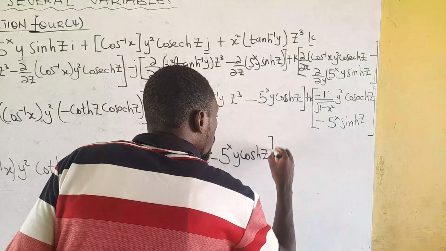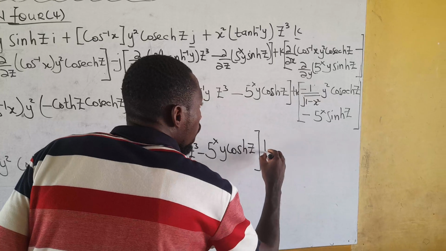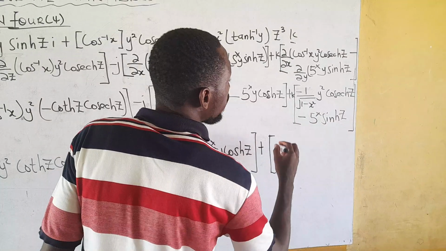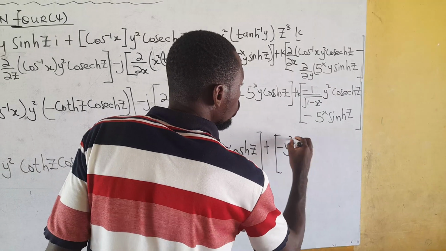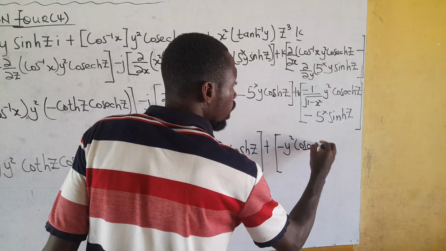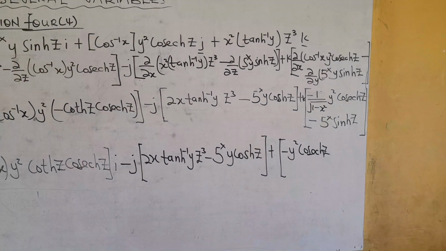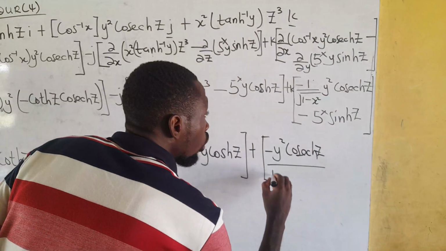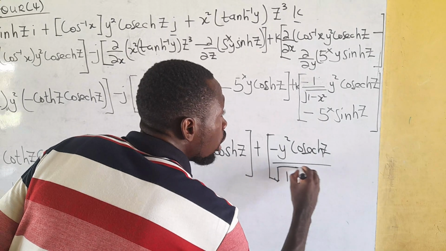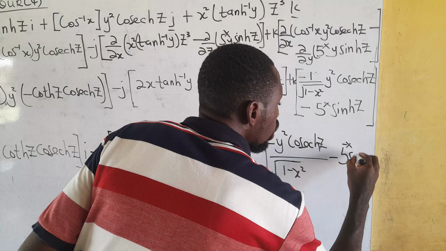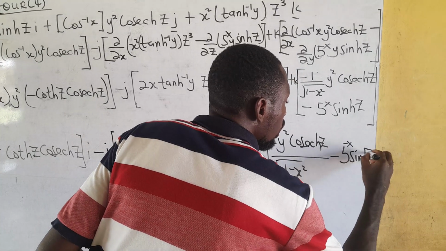Then our k direction, so plus. So this multiply this will get minus y squared cosec z all over the square root of 1 minus x squared, then minus 5 exponent x shin z. I hope you get that.